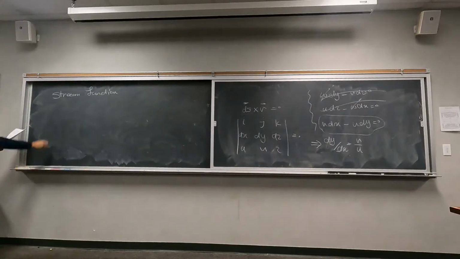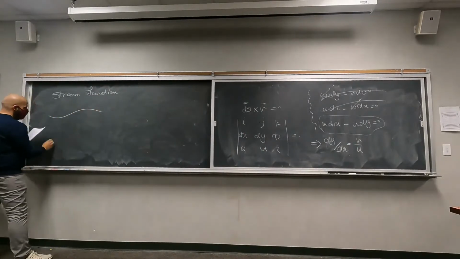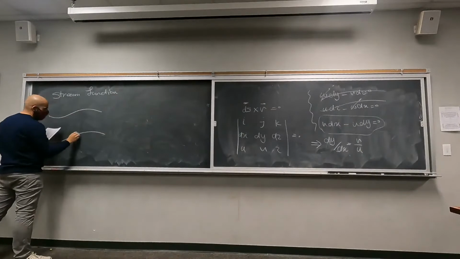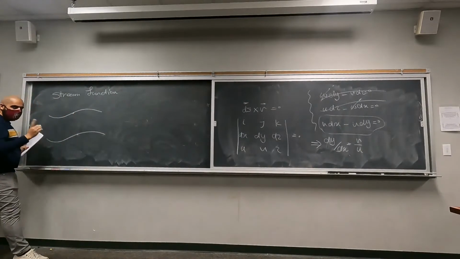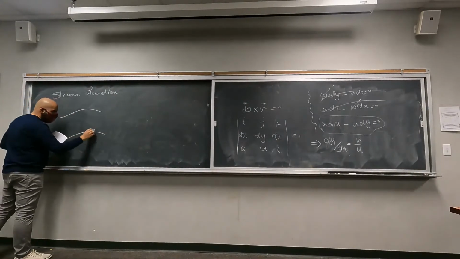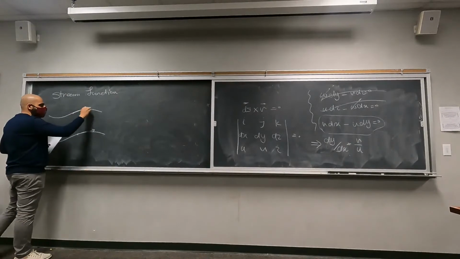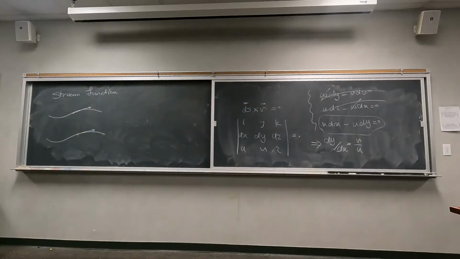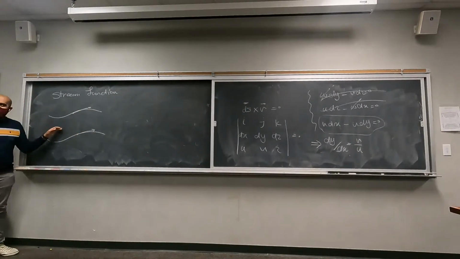The idea here is, let's say we have these two streamlines. Velocity vector is always tangent to the streamline. What does it mean? It essentially means that there is no mass passing through the streamline, right? Because that's the definition: the velocity vector is always tangent to the streamline.